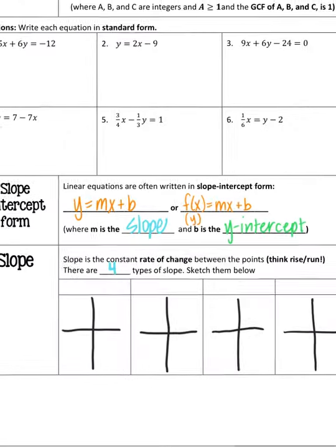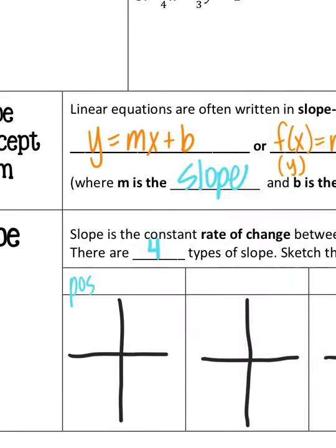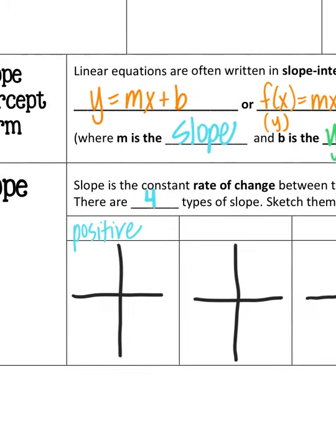Okay. The first type we have is a positive slope. When we read a slope, we always read left to right like we do a book. So a positive slope is going to start low on the left and go up. That would be a positive slope.